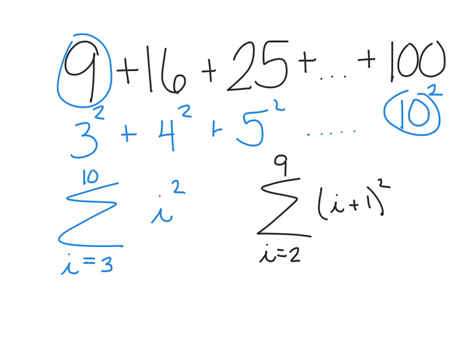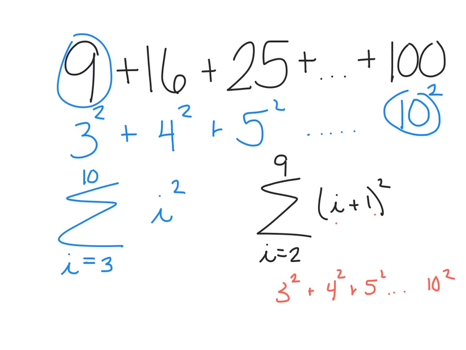Well, let's think. If I plug in a 2, that's going to be 2 plus 1 squared. That's going to be 3 squared, which is 9. The next number I would plug in is 3. 3 plus 1 is 4 squared. Plus 4 plus 1 is 5 squared, dot, dot, dot. If I plugged in a 9, 9 plus 1 is 10 squared. Look at that.